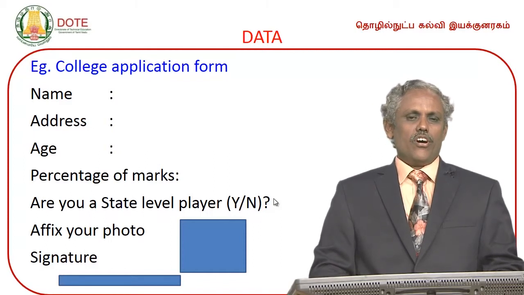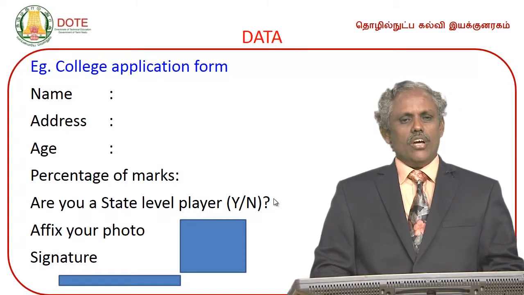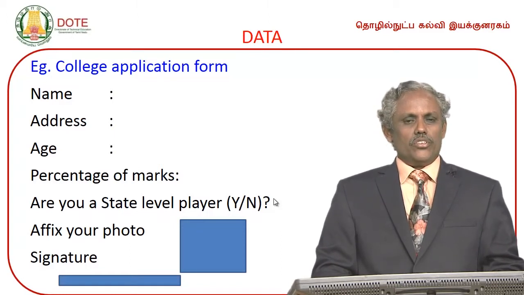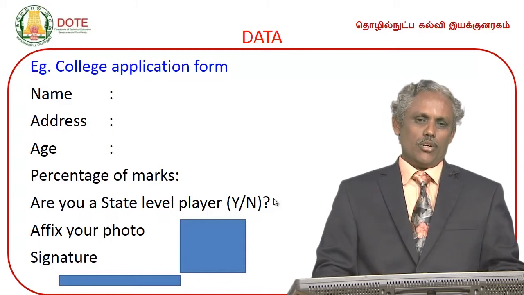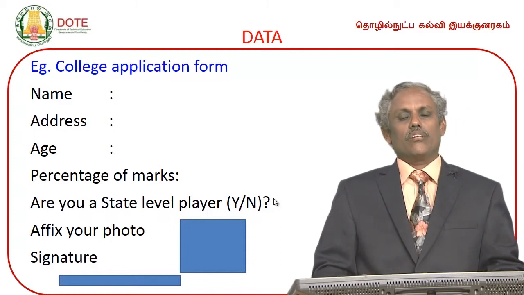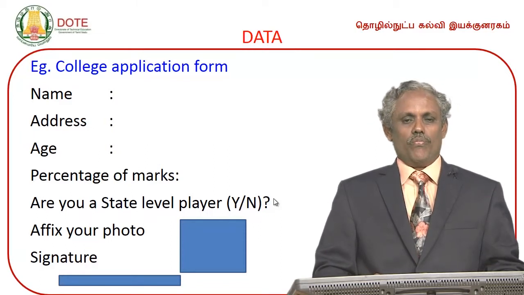So, in this form, these are the data about a student or about an applicant. Here we have seen different types of information. Some values are text, some values are numbers, and some are Boolean values or logical values like yes or no.